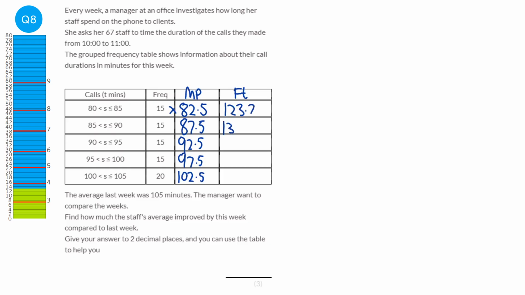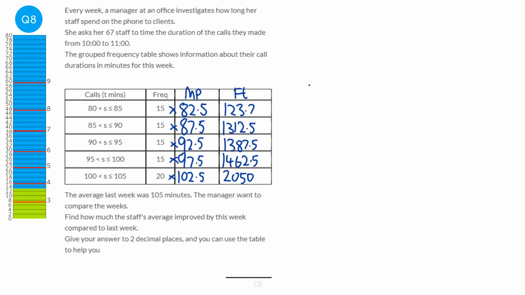And we're just going to keep going and multiplying each of these together. And then finally 2050.